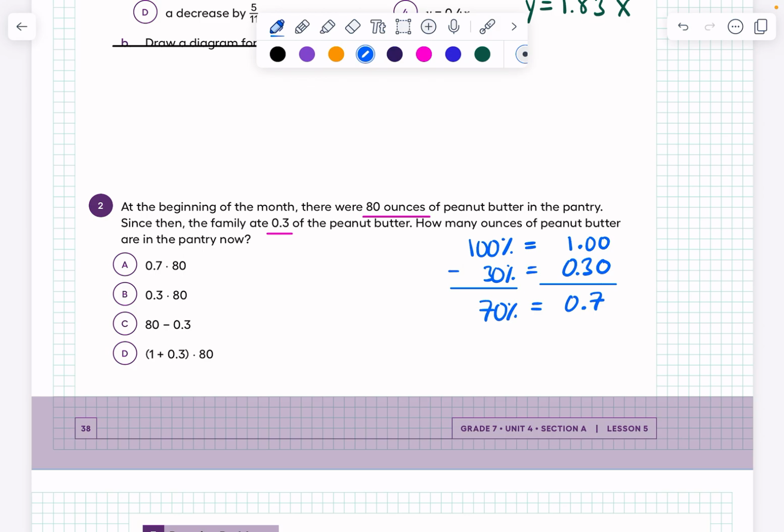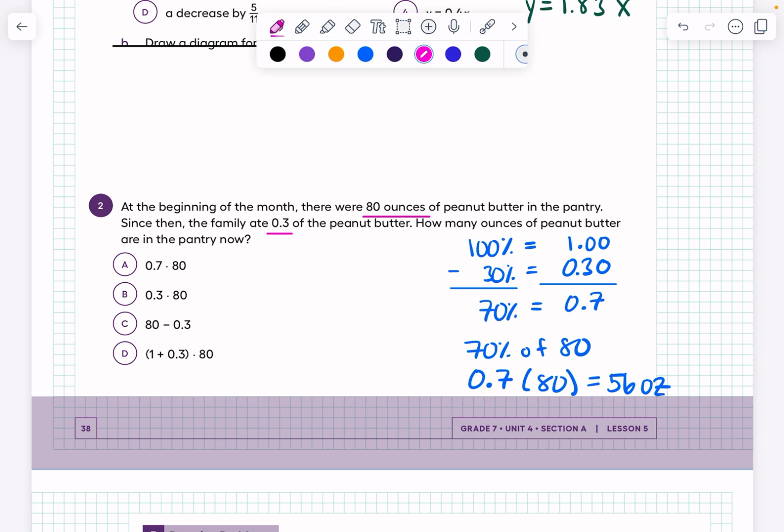So basically, there's 70% of 80. So let's do the math. 70% as a decimal is 0.7, and of means to multiply. So 0.7 times 80 is 56, okay? There are 56 ounces of peanut butter in the pantry.